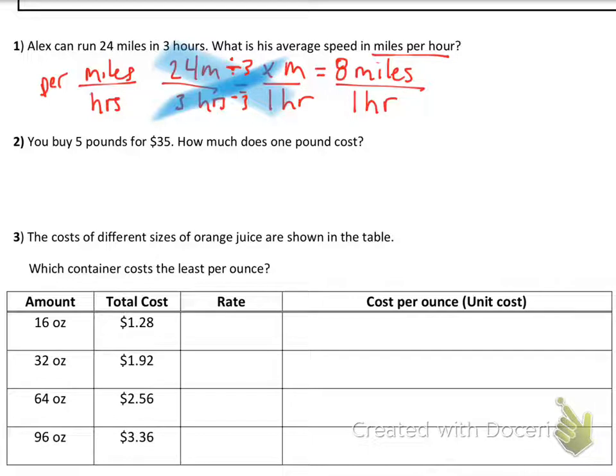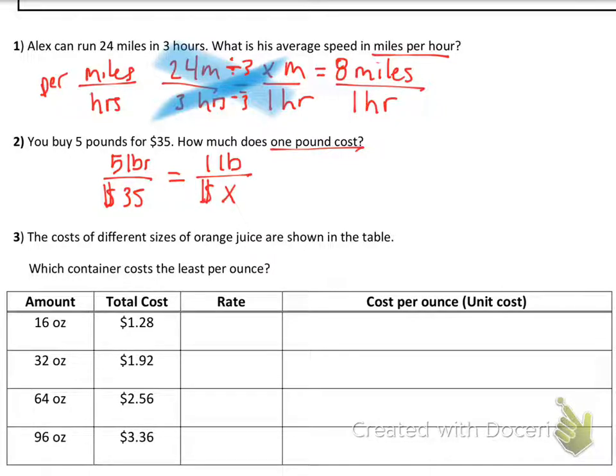So let's try number 2. You buy 5 pounds for $35. So how much does 1 pound cost? We want 1 pound, and we don't know how much that costs.